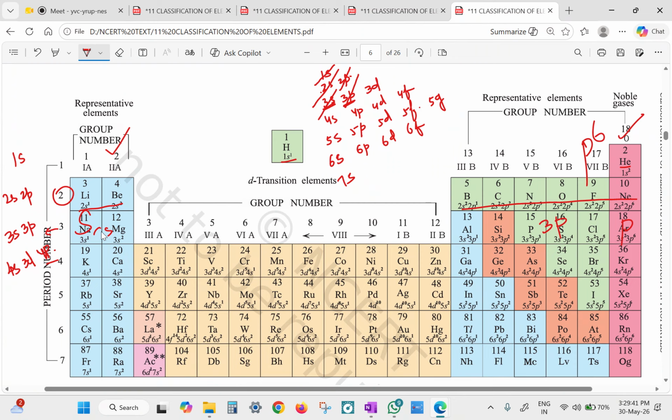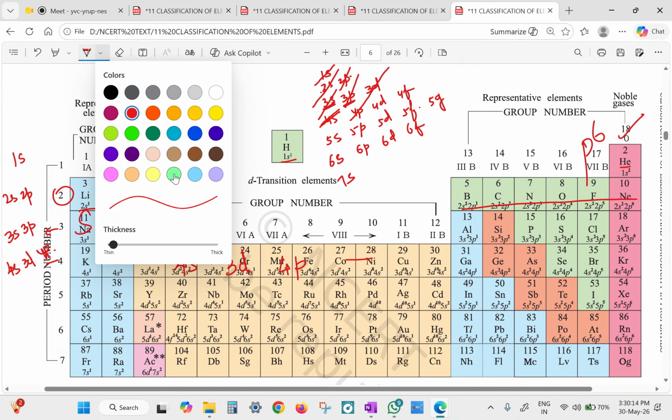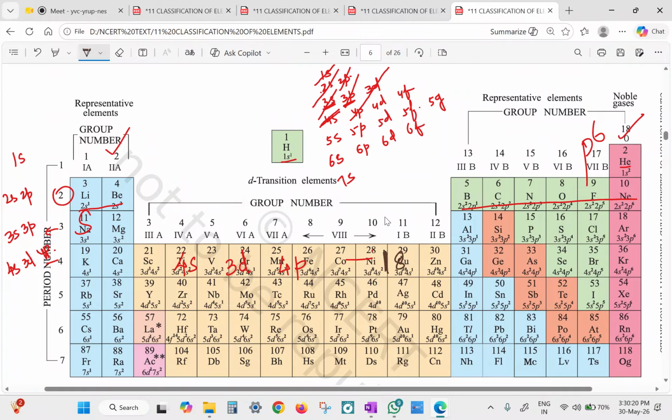Again, where does the next period start? 4s, correct? Where should I end? I should end at p. So to reach p, I first penetrate 3d and then come to 4p, right? So in the 4th period, which orbitals? 4s, 3d and 4p, correct? Which will comprise how many elements totally? 18 elements. So here it is 8, here it is 8, here it is 2.